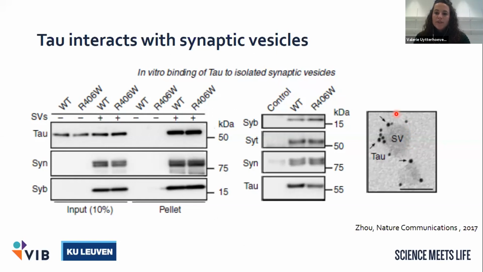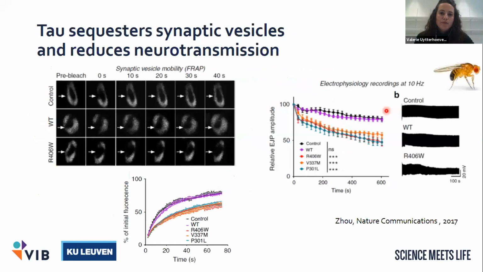But what is now the effect of the interaction of tau on synaptic vesicles? We were thinking about tau can form these tangles, so maybe the synaptic vesicles get clustered and they become immobile. And to test this, we performed a fluorescence recovery after photobleaching assay.